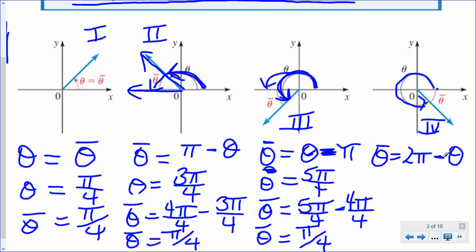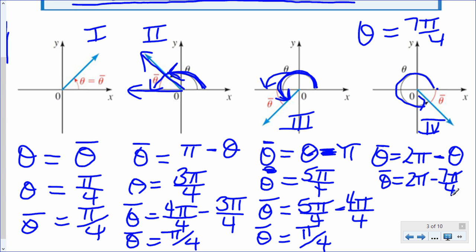Okay, so let's use the example here that theta is 7 pi over 4. We're going to find our reference angle, 2 pi minus 7 pi over 4. But we're going to have to get a common denominator.